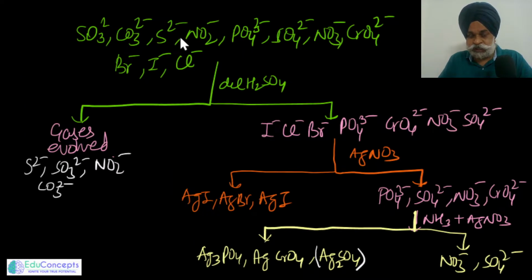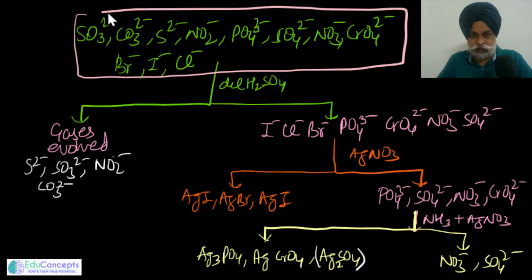Just like this is the last discussion. Last time we grouped the anions in such a way that if we are given these anions, I treated them with dilute sulfuric acid. With dilute sulfuric acid, some of these release gases, like sulfite, carbonate, sulfide, nitrite.